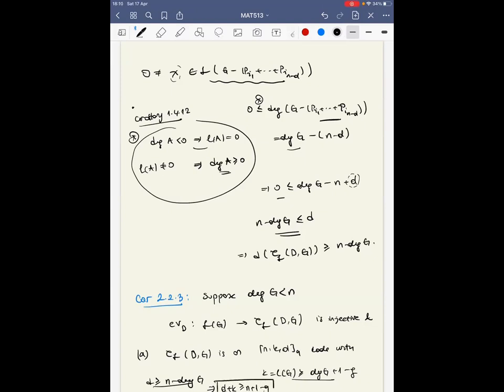So in some sense, it's a similar inequality to the Singleton bound.